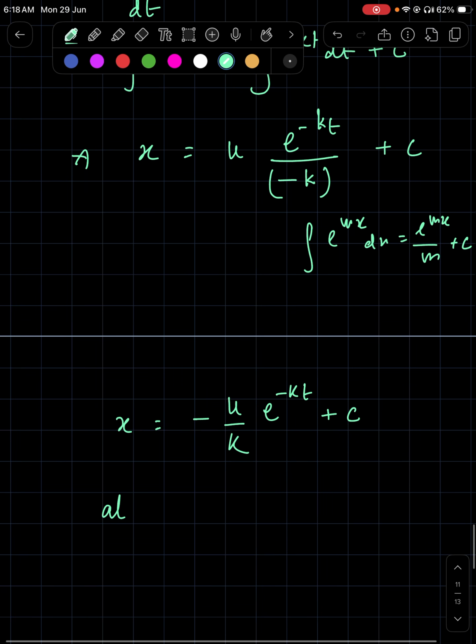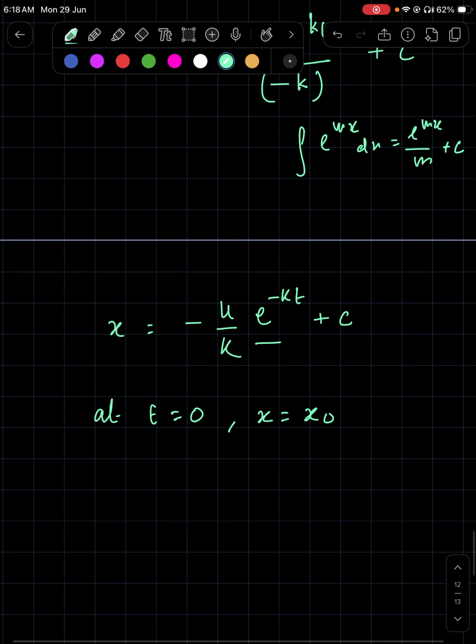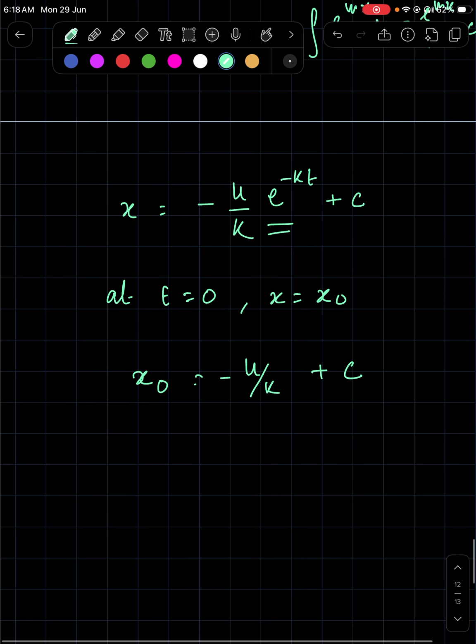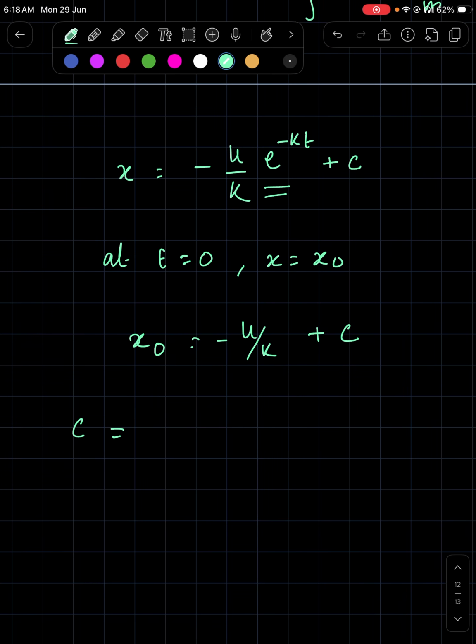At t equal to 0, x equal to x naught. It was the initial condition. So if I put t equal to 0, e to the power 0 becomes 1. In the place of x naught, it is minus u by k plus c. So c becomes x naught plus u by k.